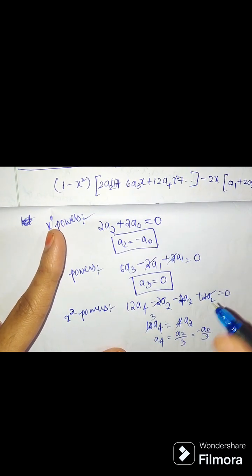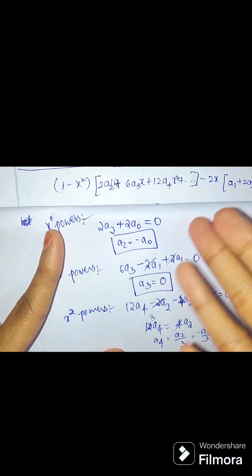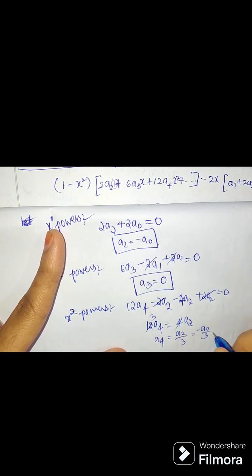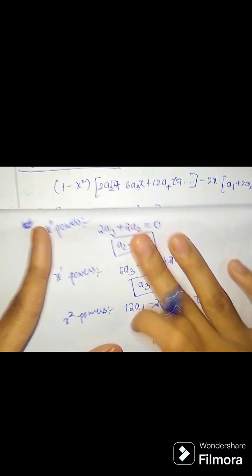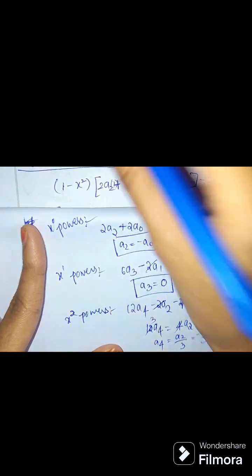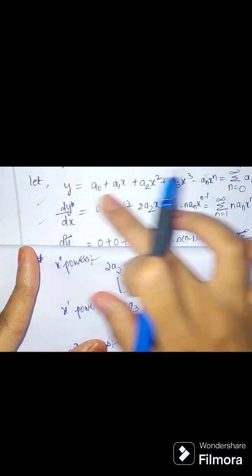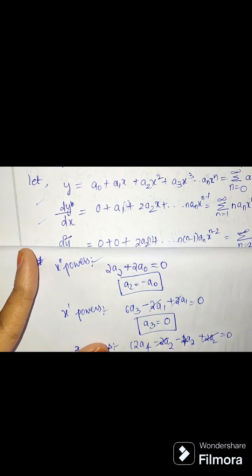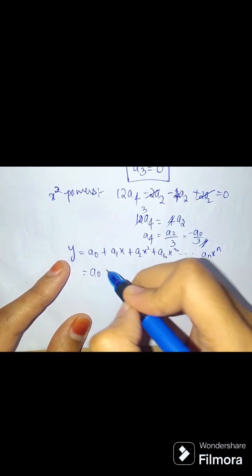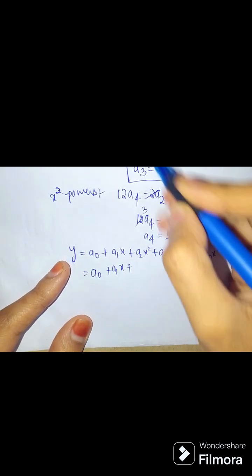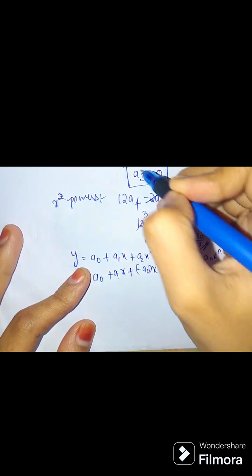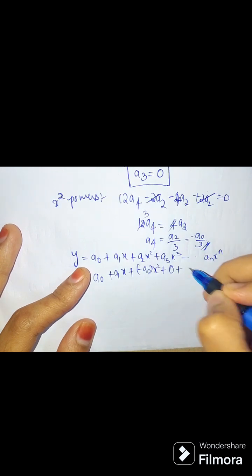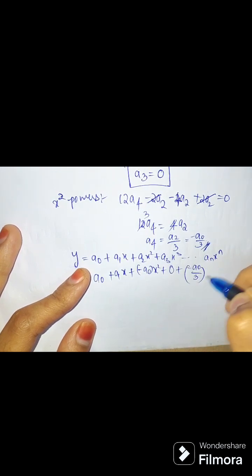I told you we should express everything else in terms of a0 or a1. So I got it in terms of a0 here. Now I need a1, right? a1 is a1 only. Now this we will substitute in y. In this y we'll substitute. a0 and a1 will be the same, but a2 we'll write as minus a0. What is a3? 0. What is a4? Minus a0 by 3, a4 into x power 4, and so on.